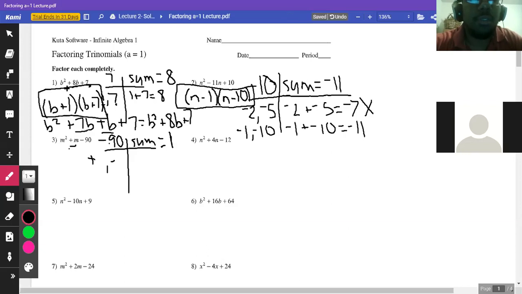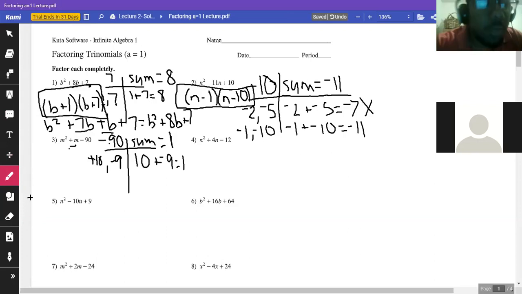In this case, it's going to be +10 and -9, which makes sense because if I add +10 and -9, I get 1. So once again, I'm just going to slap some m's on there. So m plus 10 and m minus 9.